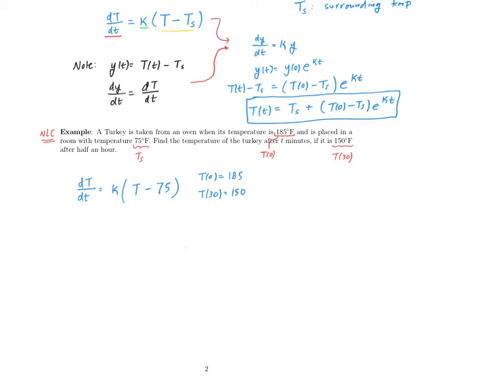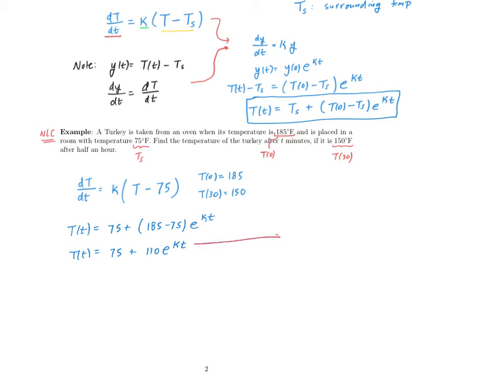So from above, we can immediately jump to the representation that the temperature of the turkey after t minutes is the surrounding temperature, 75, plus the initial temperature minus the surrounding temperature, times e to the kt. That is, T is 75 plus 110 e to the kt.